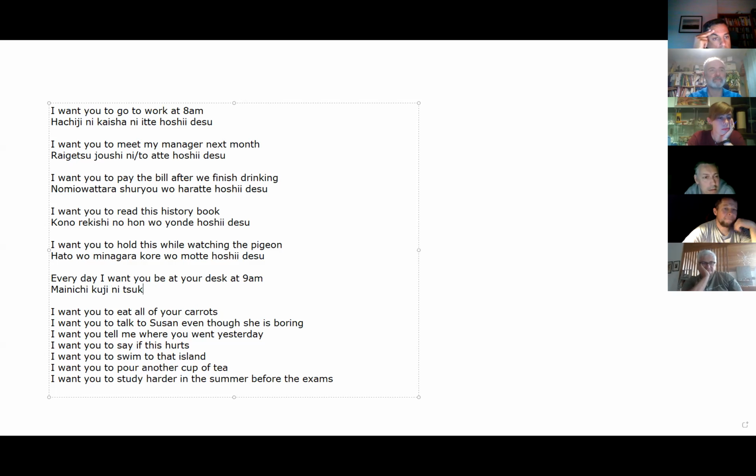Okay, so let's leave that for a second. Whatever the particle is, we'll come back to that. Itte hoshii desu. Good. So what's this verb itte there, John? Iku. Yeah, exactly. So therefore, what should be the particle here? Ni. Hoshii desu. Good.